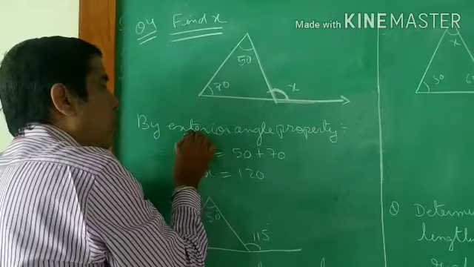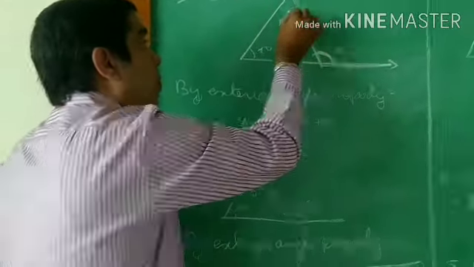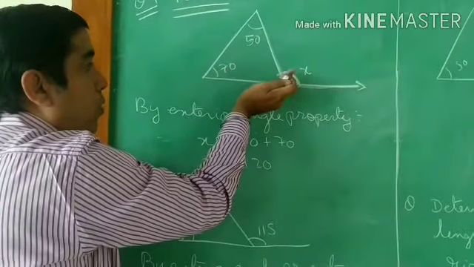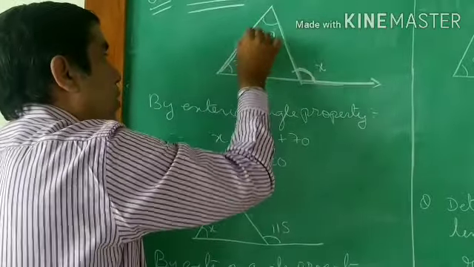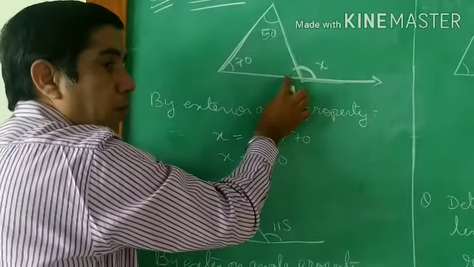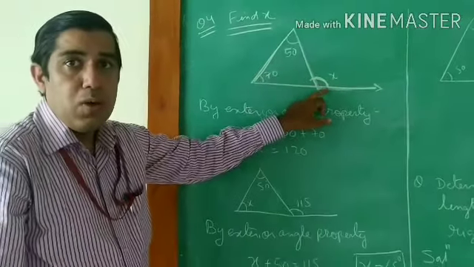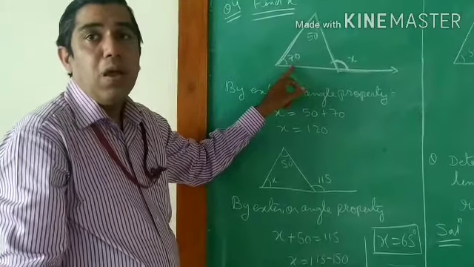And by the property, the exterior angle is equal to the sum of two interior opposite angles. What is the angle opposite to this angle? It is on the opposite side. So the side opposite to this one is this. So we have to see only these two angles. Don't count this angle. This shows exterior angle equals sum of two interior opposite angles.